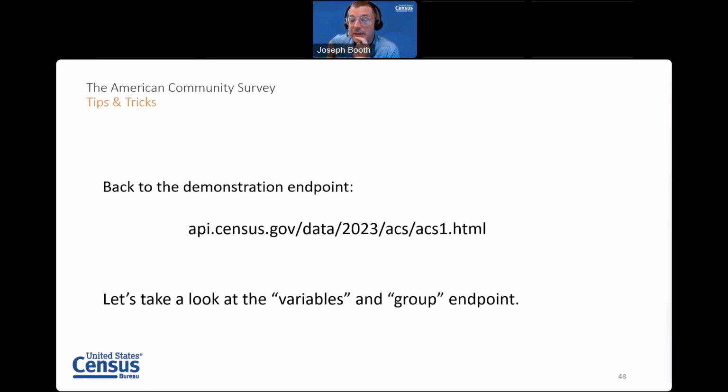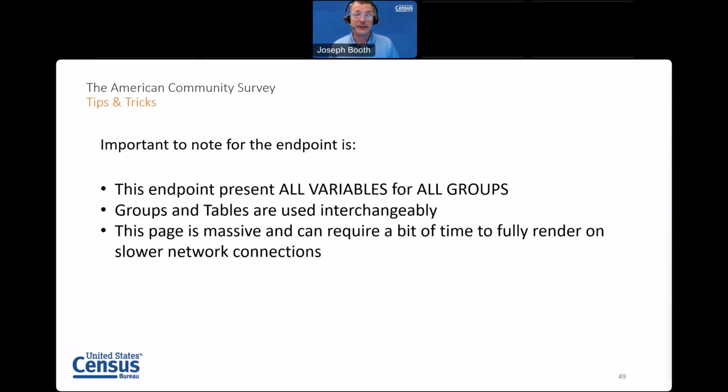When you use the variables link from the endpoint, especially in detail tables, the page that gets returned is large. It takes a moment to populate, and there are better ways to find variables by using the groups, and we'll take a look at that.